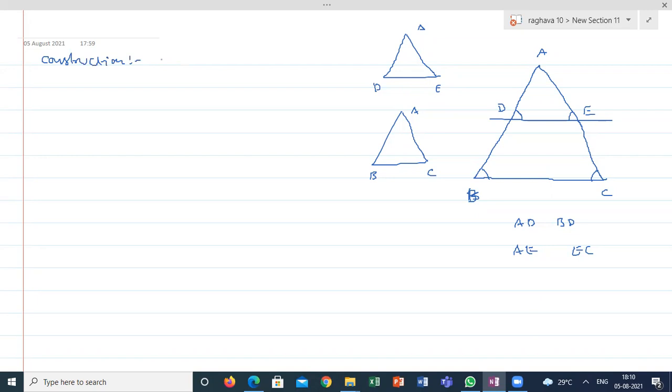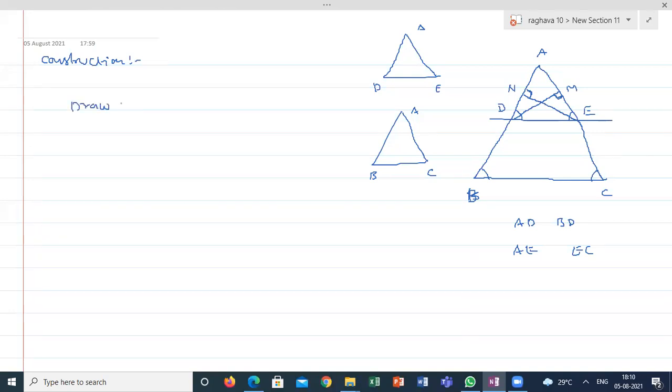I'm drawing a perpendicular. Suppose I'm taking a line here like this. This is N. And I'm taking another one. This is perpendicular. I'm taking altitudes to two sides of the triangle ADE. So what are the constructions?